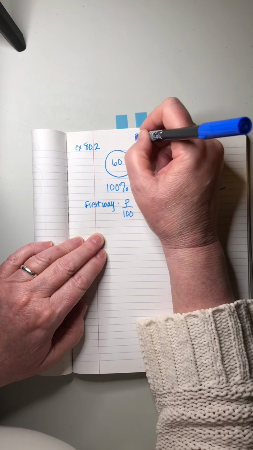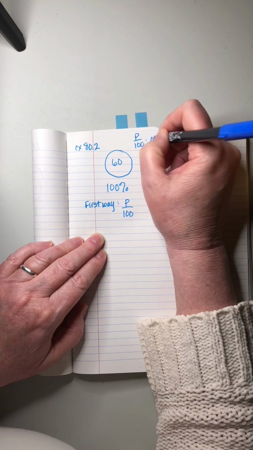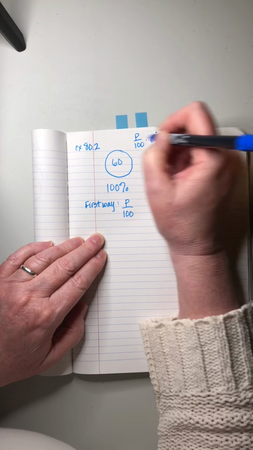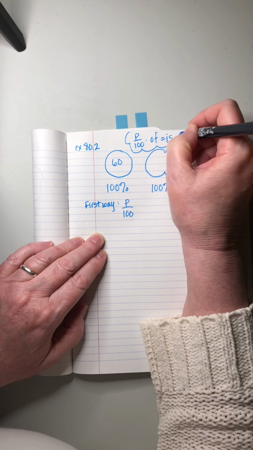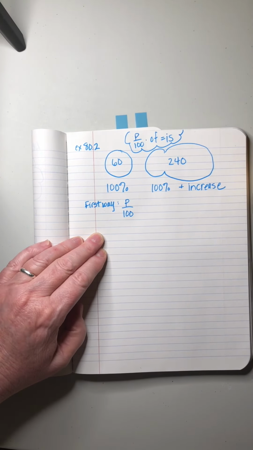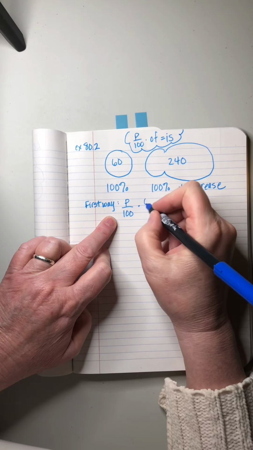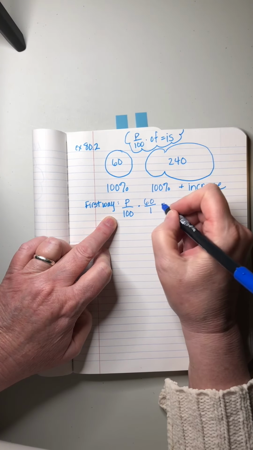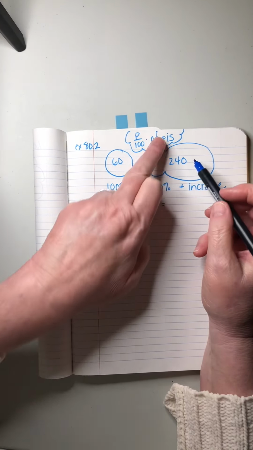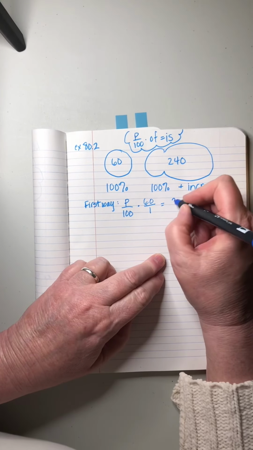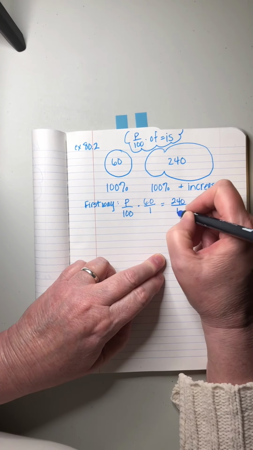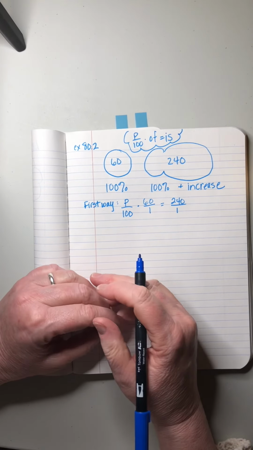Let me write this up here. P over 100 times of equals is. I expect that to be on every page that you need it, right? So you practice writing it. Times the original group, I'll put it over 1, equals the special group is, which is 240. Again, over 1 to make it a fraction.